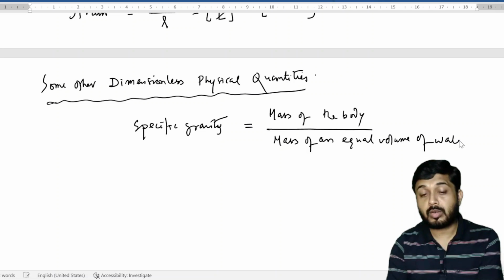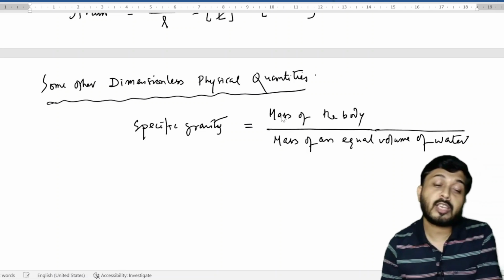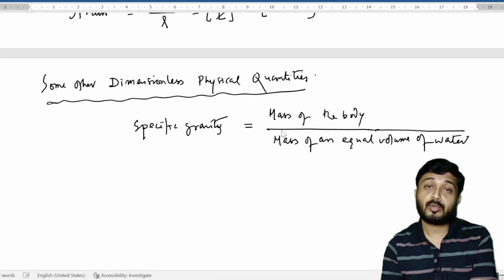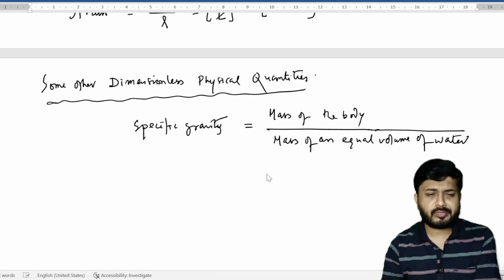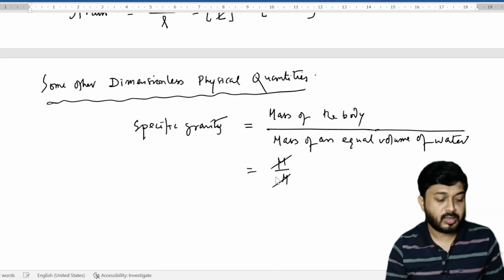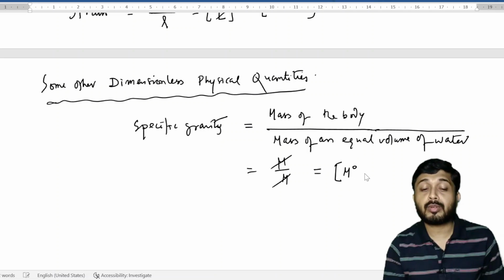Equal volume of water. So you can clearly see that in the numerator and denominator, in both places, there are masses, two masses, right? So what should be the dimensional formula? Mass and mass cancel each other from top and bottom, right? So all we are left with is M to the power 0, L to the power 0 and T to the power 0.